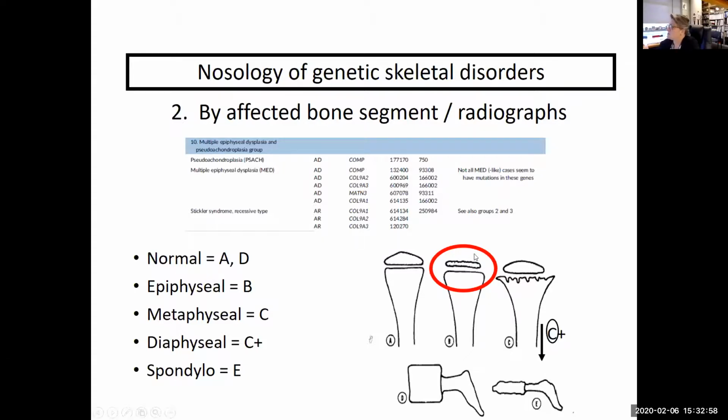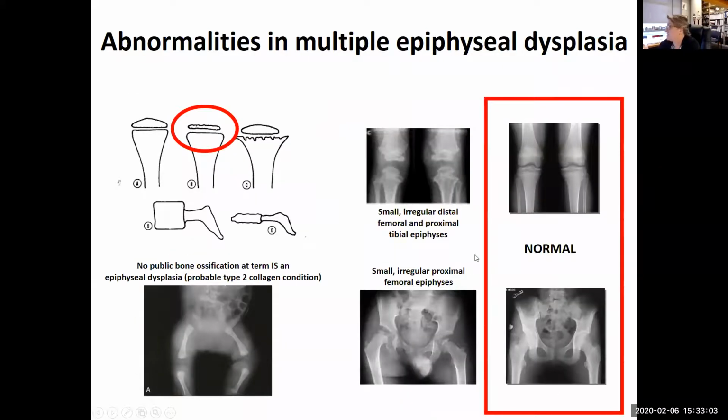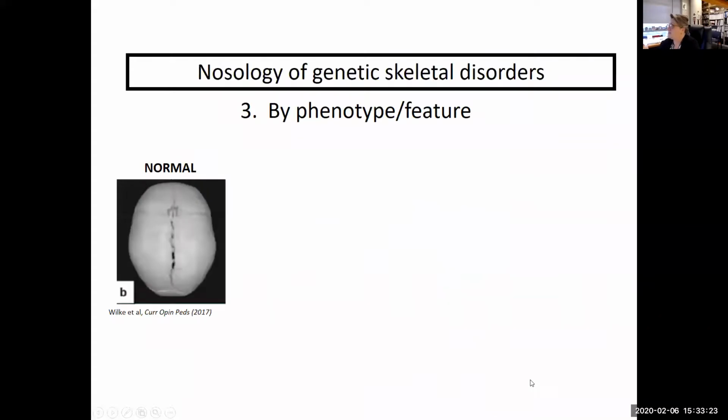And the radiographs that you would see from one of these individuals would have primarily the epiphyses involved. And whenever I show images of abnormalities, I want to show you the normal next to it. So here's the knees of an individual with the abnormal epiphyses, and it's diffuse. It's all the epiphyses everywhere, no pubic bone ossification, and a probable type 2 collagen condition. And then you can see it in comparison here to the normal on the other side.